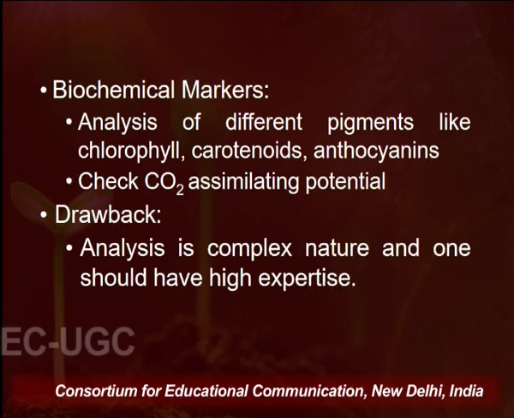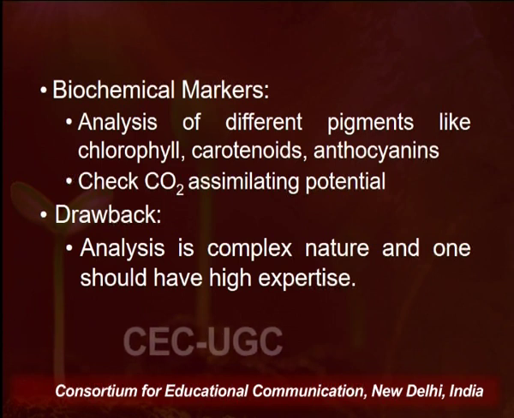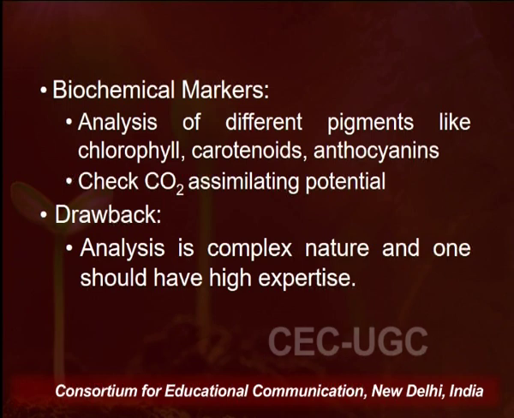So, this also acts as a biochemical marker. When you are determining the chlorophyll content, you are determining whether variation has occurred or not. In some plants the variation may lead to excess pigmentation, and in some there would be hypopigmentation, and therefore analysis of these pigments becomes a biochemical marker.